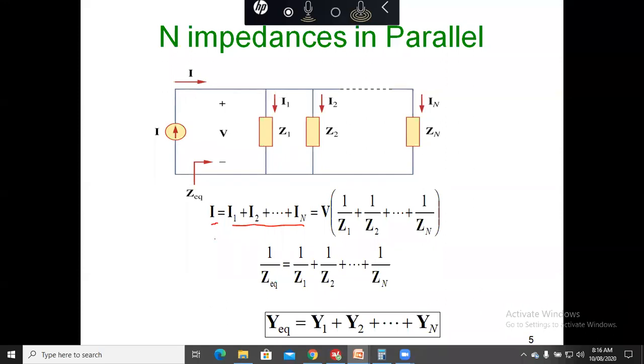So the first current I1, how can we calculate this current I1? Because the voltage across all parallel branches is the same, which is V. And this voltage appears across branches Z1 up to Zn.